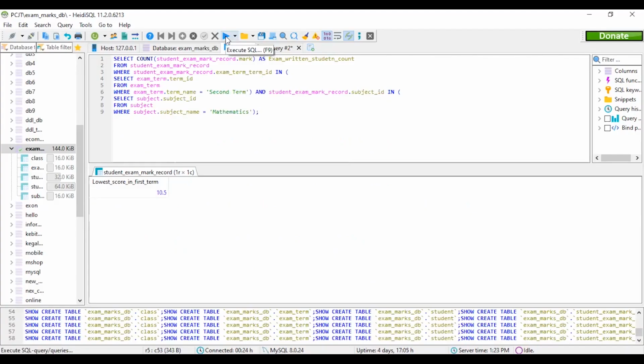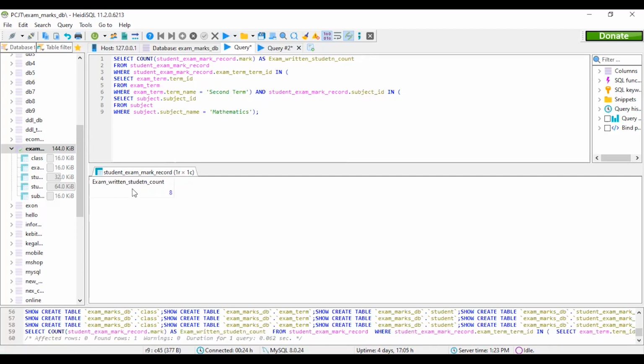Execute the query, and you will get the count as 8.